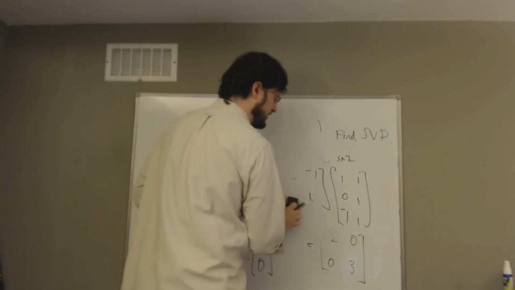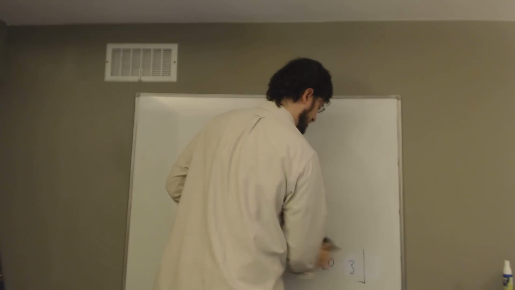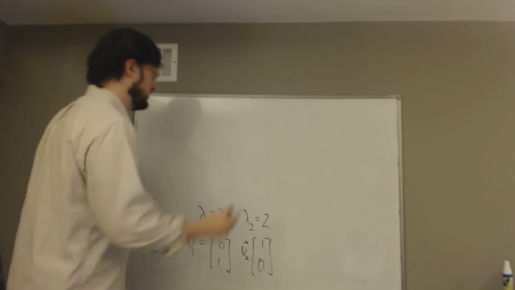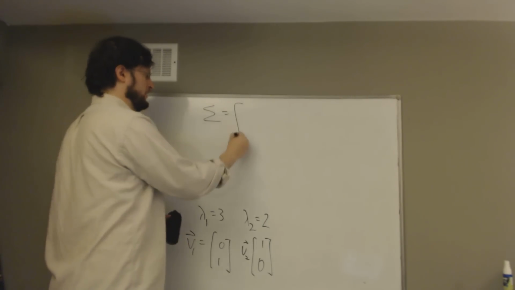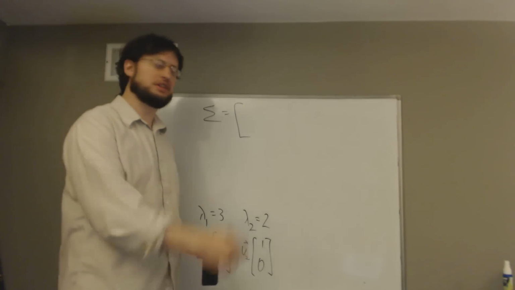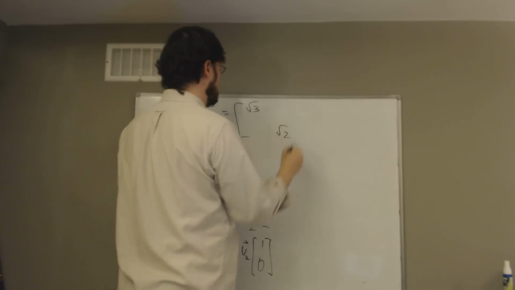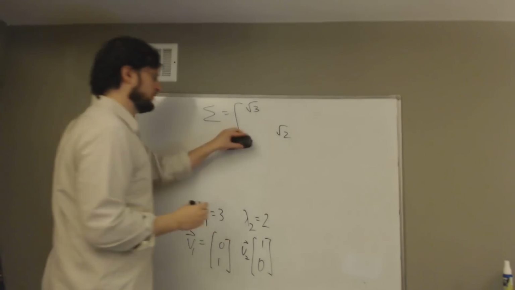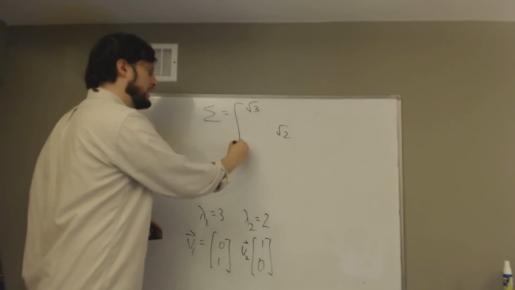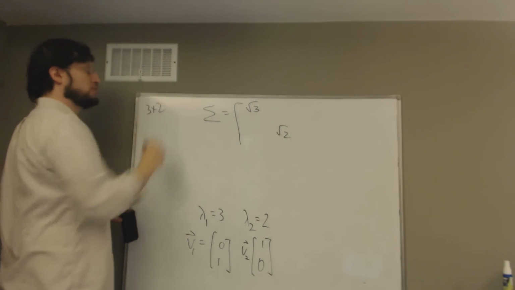At this point, I'm in a position to construct the diagonal matrix sigma. So sigma is the singular values, which are the square root of the eigenvalues in decreasing order. Square root of 3, square root of 2. But remember that sigma has to be the same dimensions as A. A was 3 by 2.